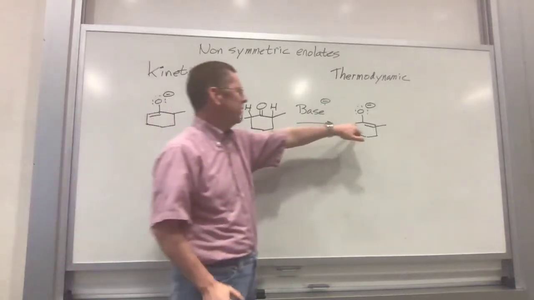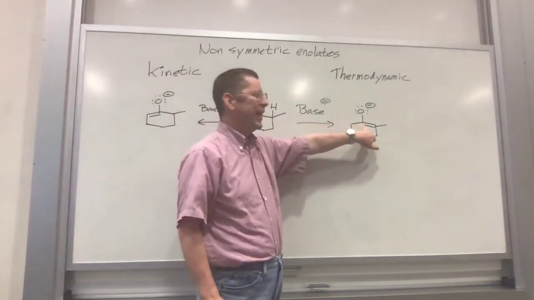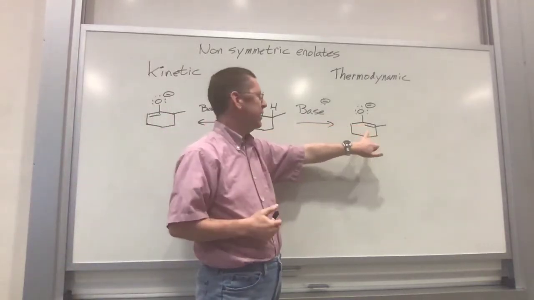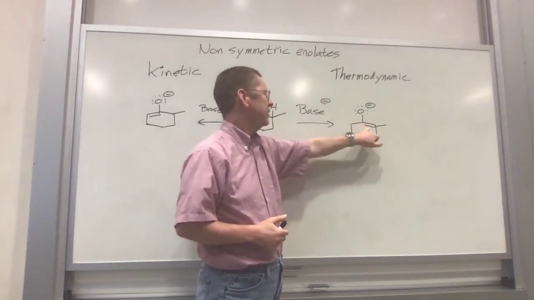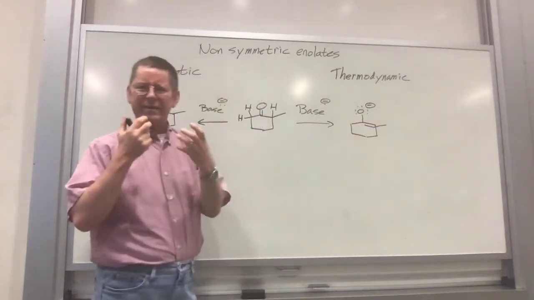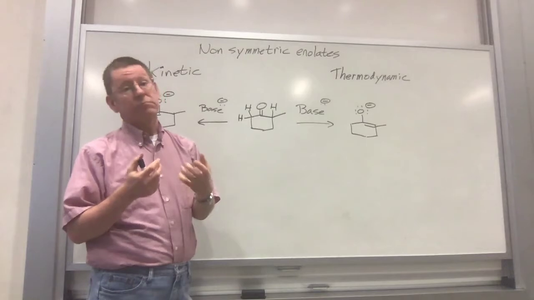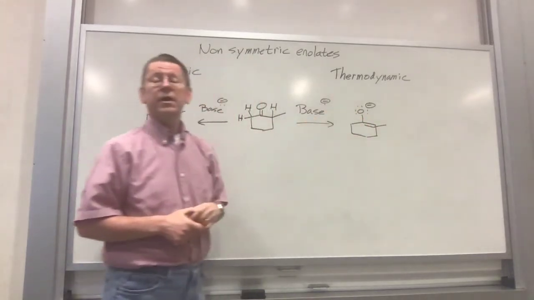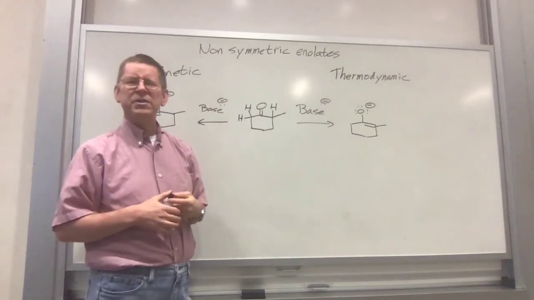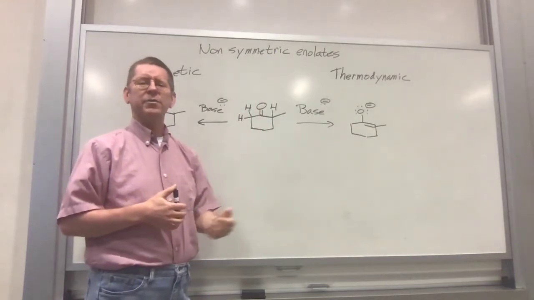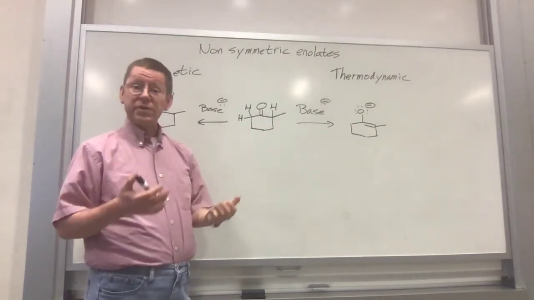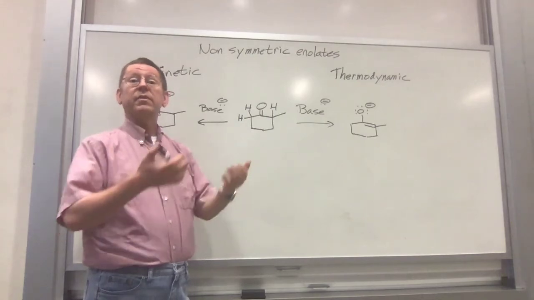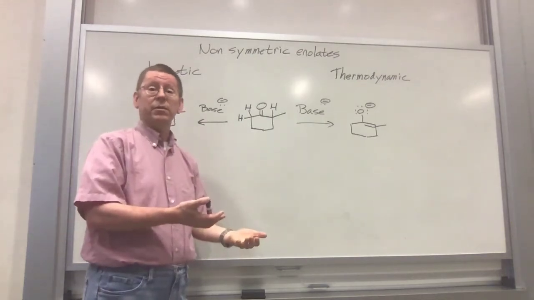Or, if we think about this enolate as if it's really an alkene, as if this double bond is really just there, we know actually it's delocalized over all three atoms, but if we think about it as an alkene and think back to alkenes, more substituted alkenes were thermodynamically more stable.